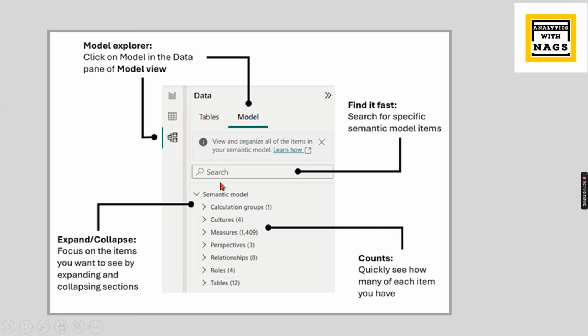Maybe sooner or later Power BI will let you edit inside Power BI as well. That's the later part of the story. Let's try to understand each one of them: what are those, what is the use of this, and when to use this.